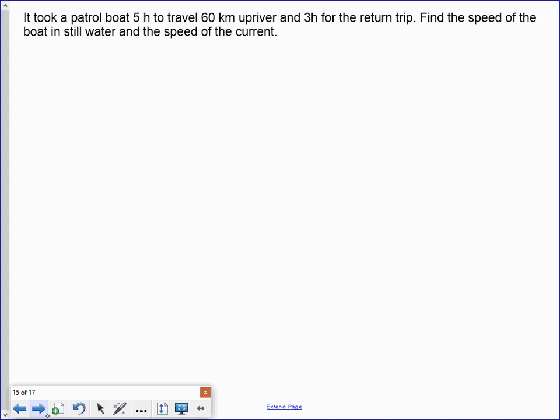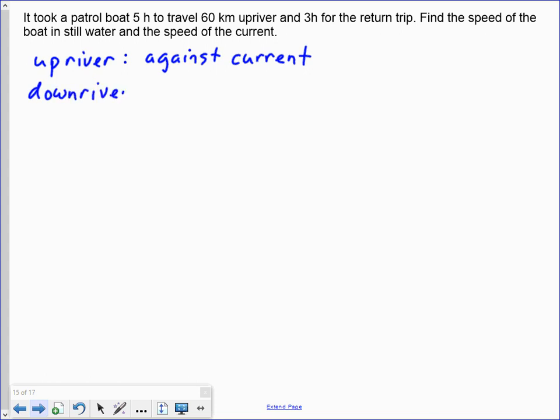So if it's going upriver, that means it's going against the current. If it's going downriver, it's going with the current. Okay. Which one is faster?